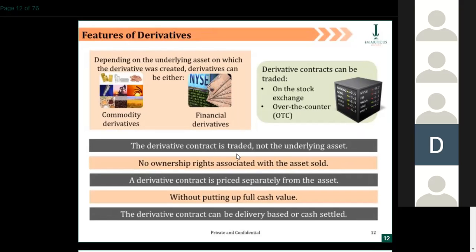Okay, so the derivative contract is traded, not the underlying asset. Remember this when you talk about derivatives. What is being traded? It is the contract that is being traded. Contract trades, not the asset. The asset will settle when the settlement date comes, not before that. No ownership rights are associated with the asset. If you talk about the commodity in the contract we discussed as an example, that commodity is not being sold.